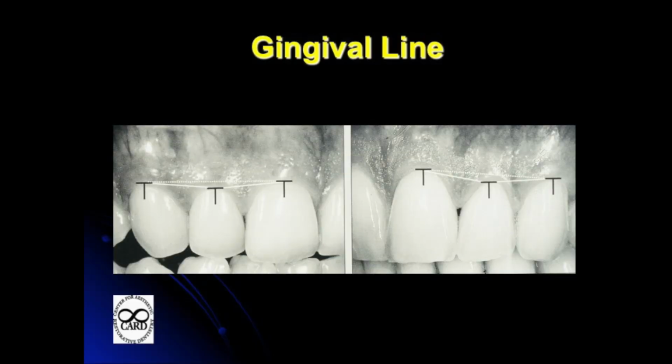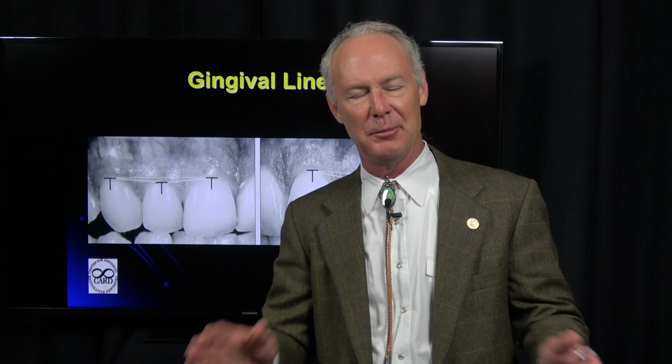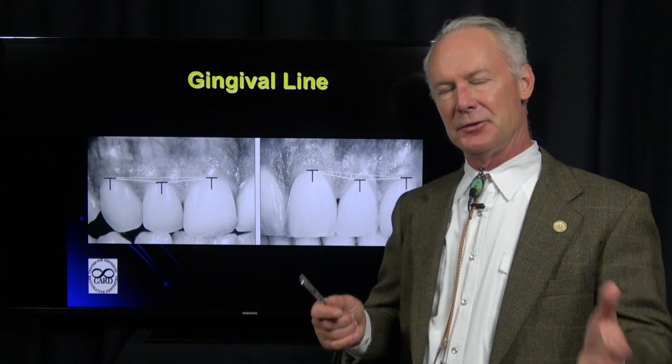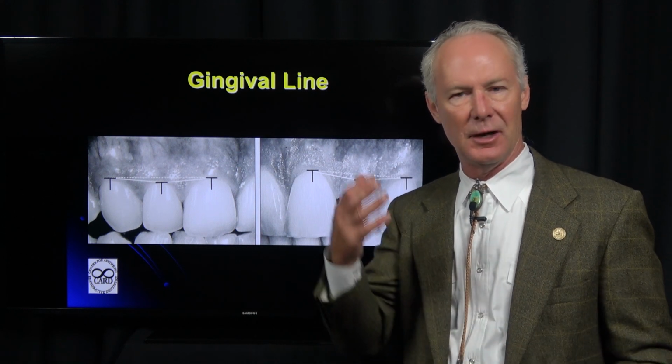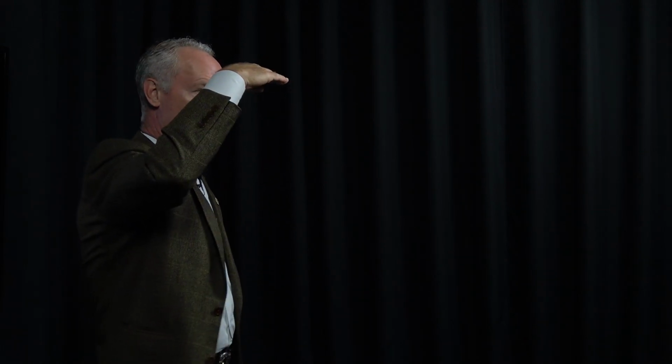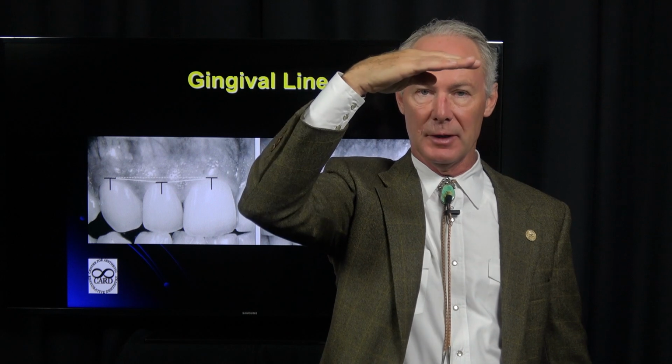The gingival line. This is so important in cosmetic dentistry. Many times dentists restore teeth and they don't think about the gingival line. How does this all fit together? The gingival line and the incisal plane of the maxillary anterior teeth and the mandibular incisors should be parallel with the pupillary line.